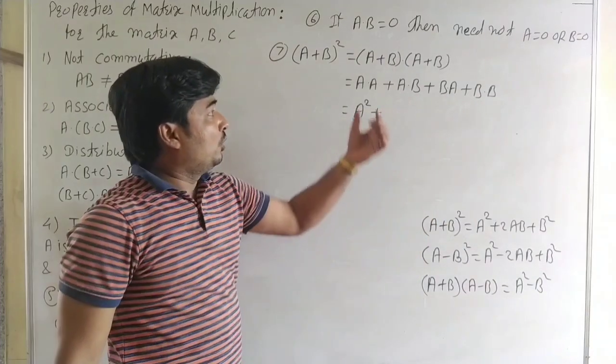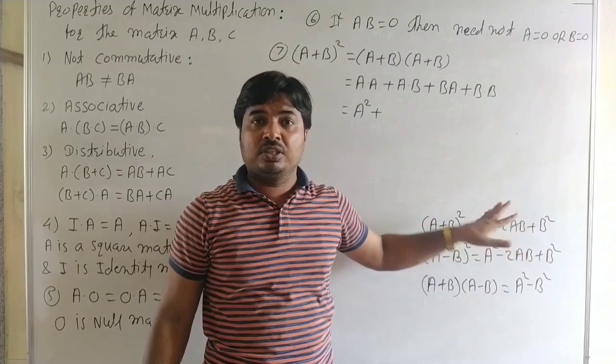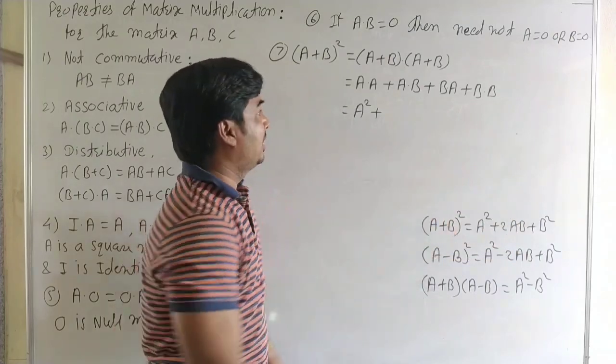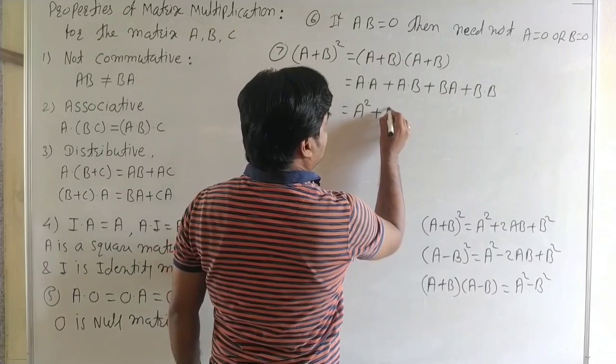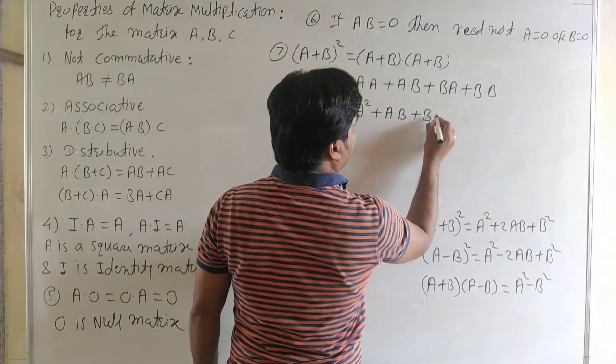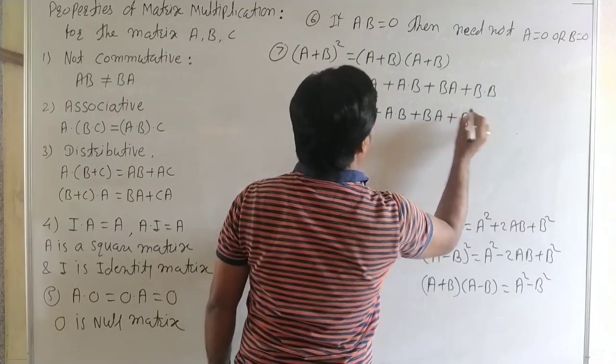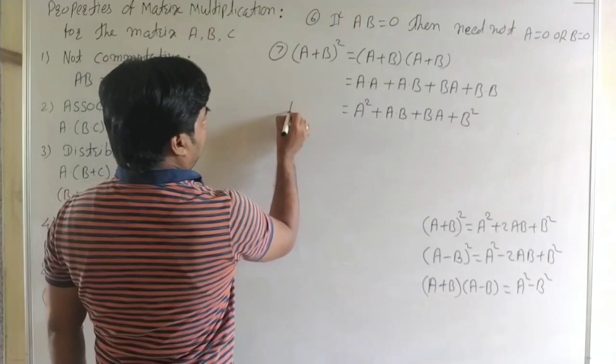So we cannot write this in the form of 2AB in matrix multiplication. So this is as it is: A square plus AB plus BA plus B square. This is (A plus B) whole square.